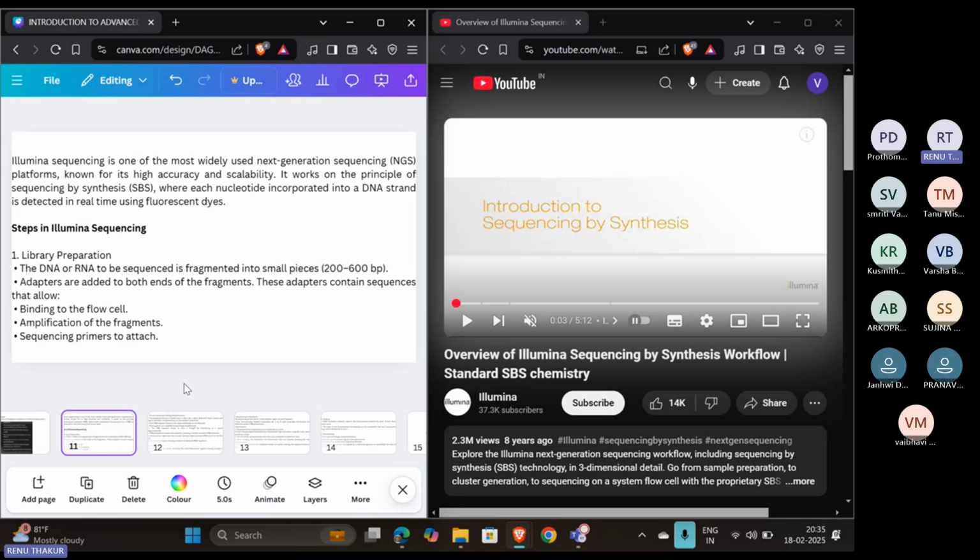So the first step is you fragment the genetic material and add adapters to the ends, and they should contain sequences that allow these three criteria to be met. Let's look at the video so that you will get a reference.